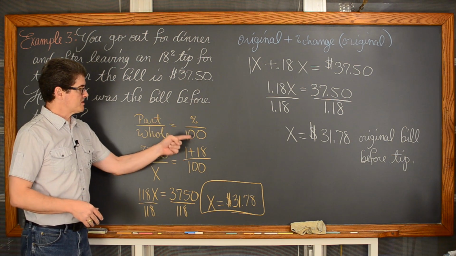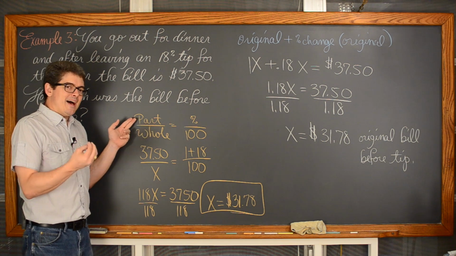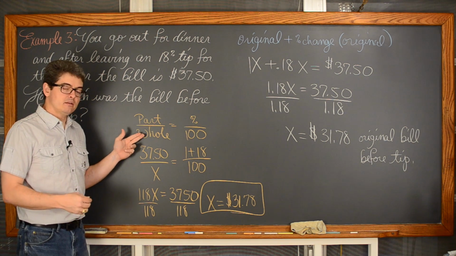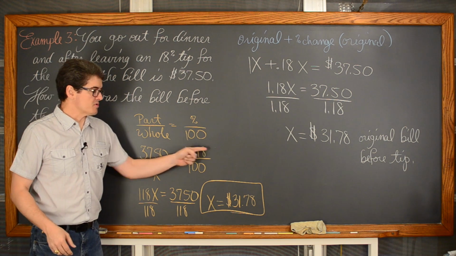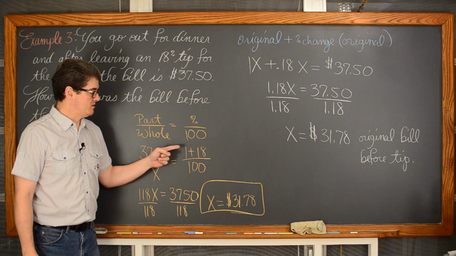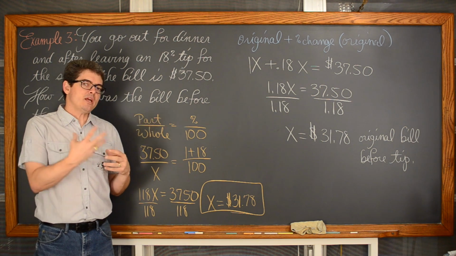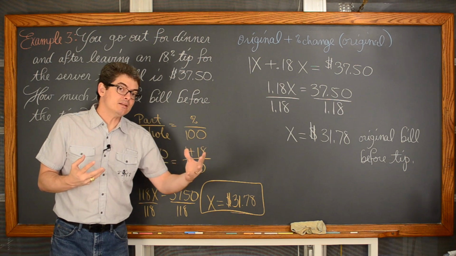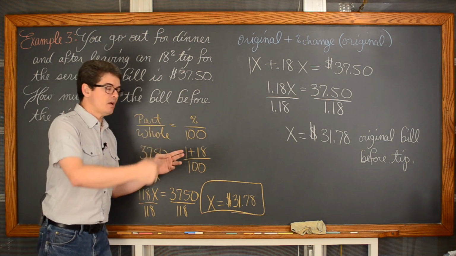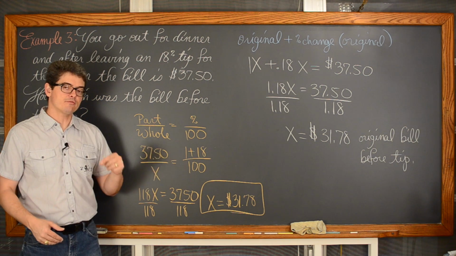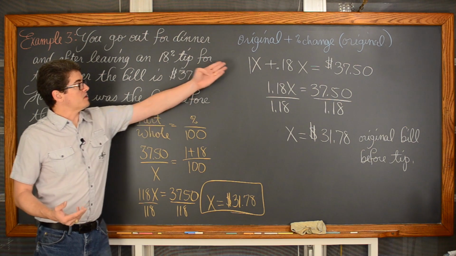Part over whole is percent over 100. The part value doesn't really have to be less than the whole value, and we're looking at that 18% increase. So the percent of change, or, see, this time I can't really say percent of change because I don't know the change that was added to the original bill, so we have to do it all at once. There was an increase of 118% from the unknown original cost of the meal.